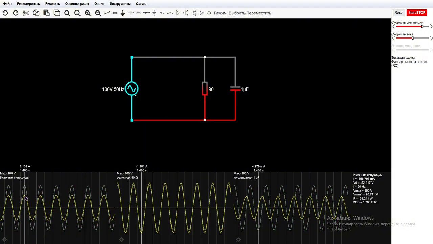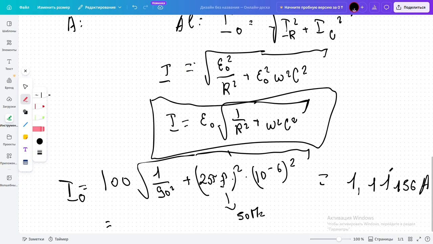So from the peak you can see that the peak current is equal to 1.109 amperes, and it's exactly the same as what we got here. So we can say that we proved the answer.